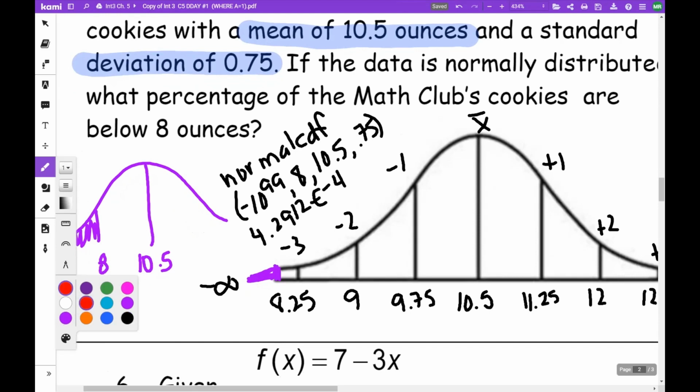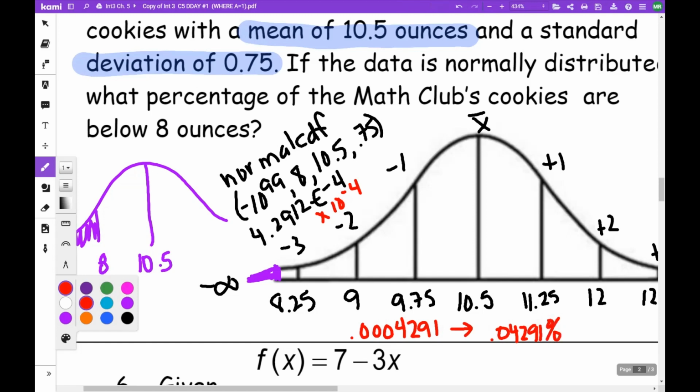That is scientific notation. Let me write it in red. That really means times 10 to the -4th, which means I'm going to move my decimal 4 places. So I'm going to have 0.0004291, let's say. Okay, so that's not even a percent, because if I move my decimal 2 places, I'm going to get 0.04291%.